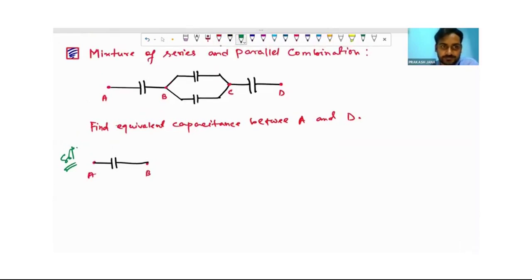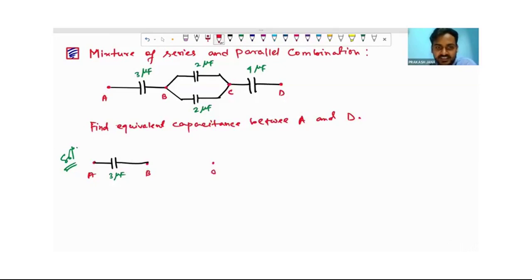Let the values be, suppose this is 3 microfarad, this is 2 microfarad, this is 2 microfarad, and this is 4 microfarad.